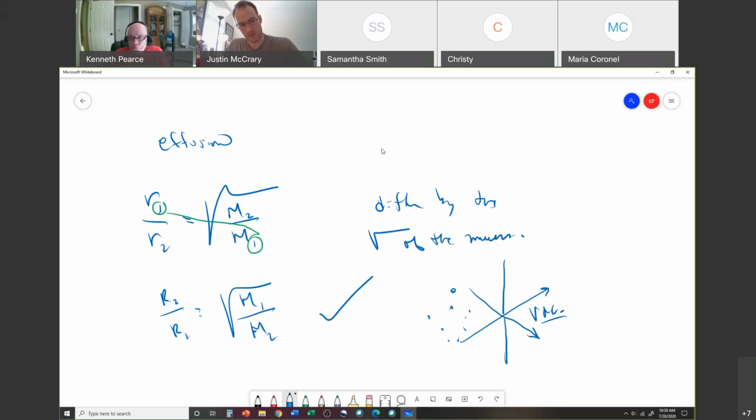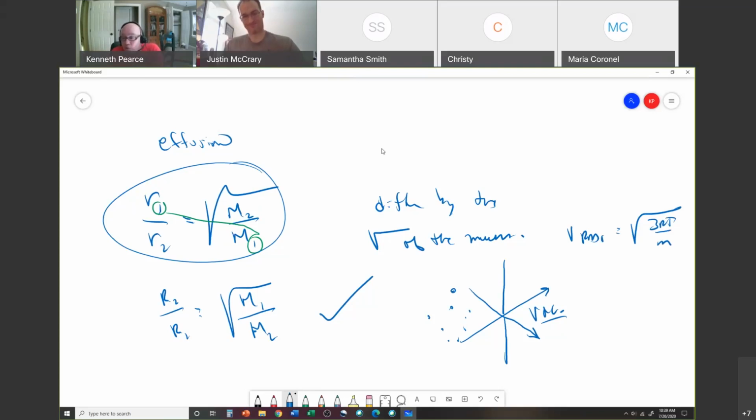I don't know if you noticed, but these two equations are very similar. The velocity RMS is how fast these guys are moving.